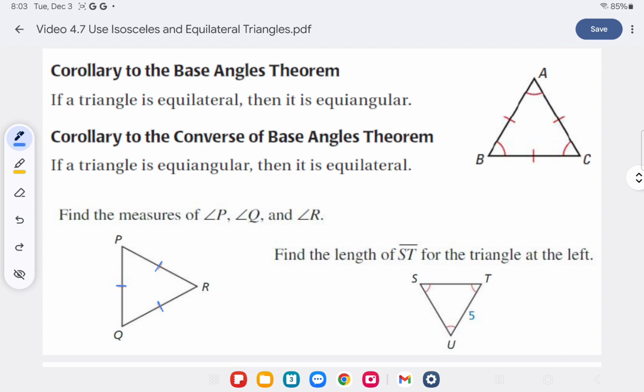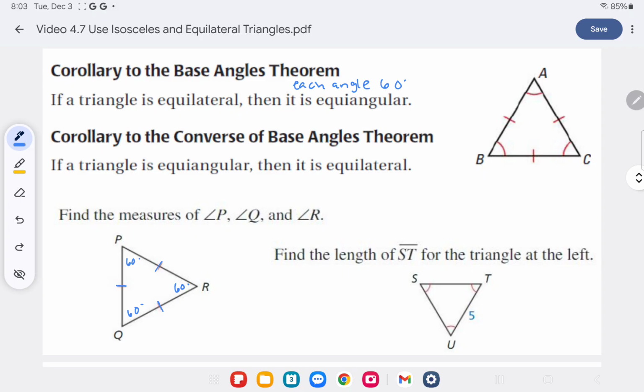And because all the angles in a triangle need to add up to 180 degrees, we would take 180 divided by 3, and that means each angle must be 60 degrees. So if a triangle is equilateral, then each angle is 60 degrees because they're all congruent.